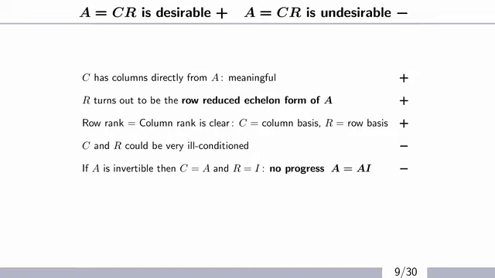Row reduced echelon form, it's called. So to see that pop up here is terrific. And then this wonderful fact that row rank equals column rank is clear from this C times R. So those are all terrifically good things.